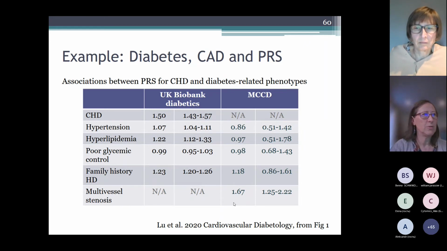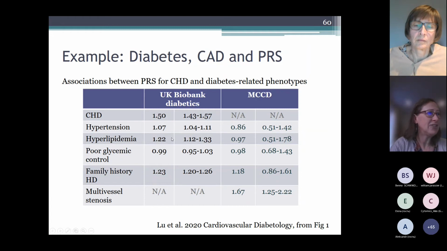Here we are looking at the association between the polygenic risk score and these other risk factors. Is that polygenic risk score strongly associated with hypertension or lipidemia or poor glycemic control? These are all risk factors known to be associated with heart disease.